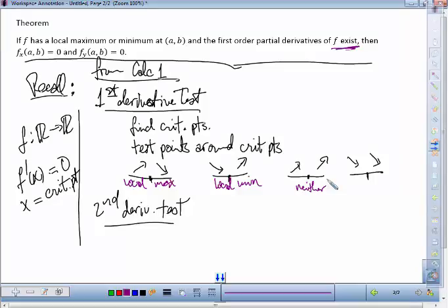What's that called? That point where concavity changes. Inflection. So sometimes, or most of the time, we see these things, and then they end up being inflection points.